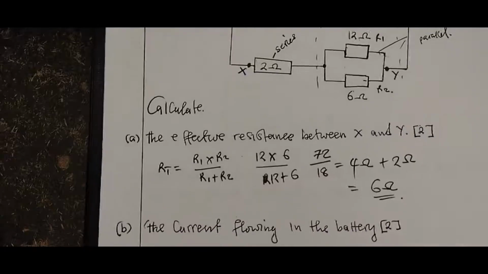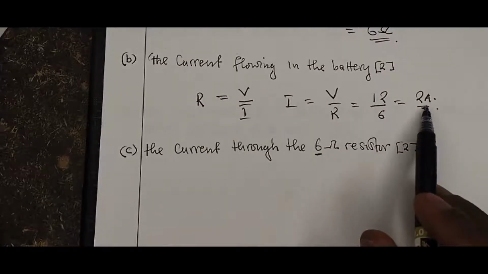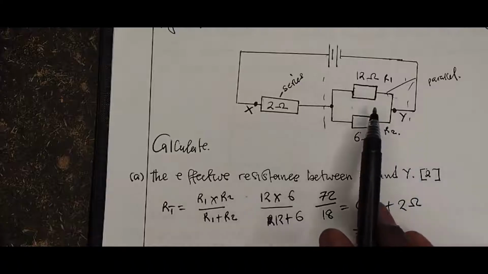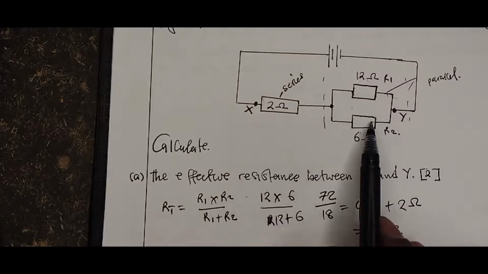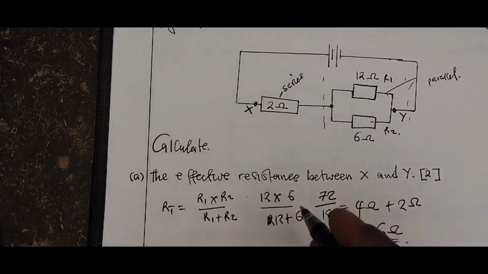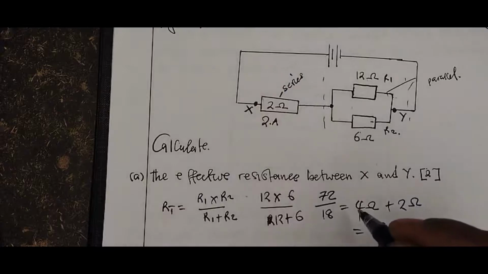But if we use the 12 volts and 6 ohms, we are going to find the current of 2 amps, which is wrong because current in parallel is shared. Okay? So now, as the current in series is the same, here the current is 2 amps.